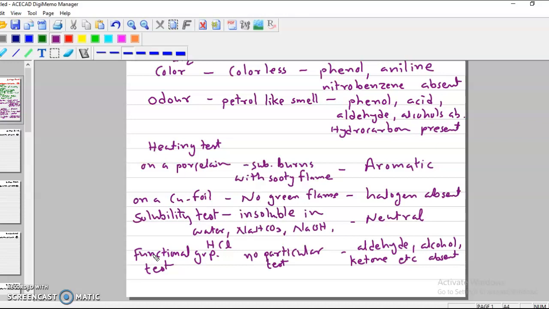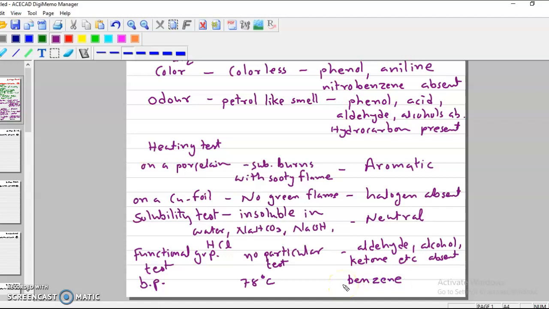Then we move ahead with the boiling point. The most important test is the boiling point because it is a liquid, and we found it 78 degrees Celsius. With the Lassaigne test we come to know that the compound does not contain nitrogen, sulfur, etc. So this shows that your compound is an aromatic hydrocarbon, and this is known as benzene.